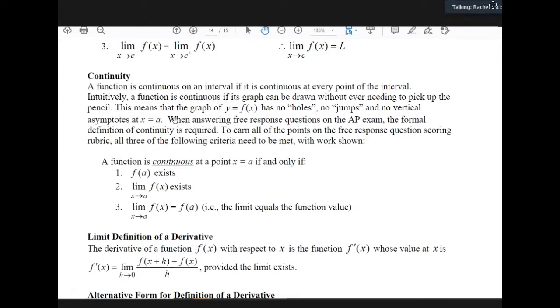So right here it even says, when answering free response questions in the AP exam, the formal definition of continuity is required. This statement right here is the formal definition of continuity. So like that first page I gave you today is this page right here. So again, I'm saying things to study. This is something I would read or study that night before. I would make sure I know the formal definition of continuity.